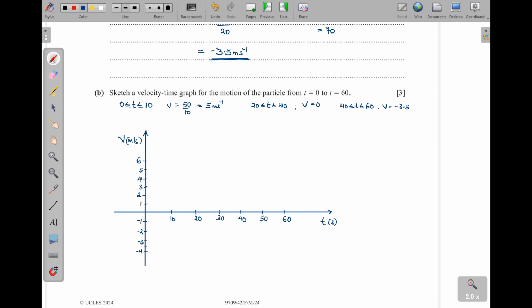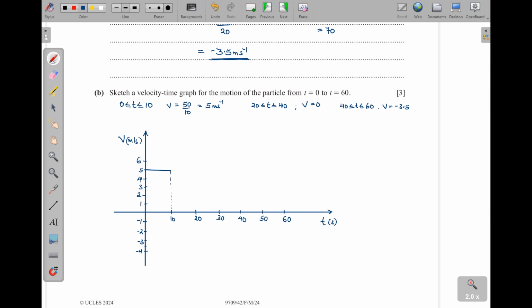Now we have from 0 to 10, that is 5, and it is constant, okay? It is constant, so it has to be a horizontal line, 0 to 10. So I'll go to 5, then I draw a horizontal line, which corresponds to this 10 here.